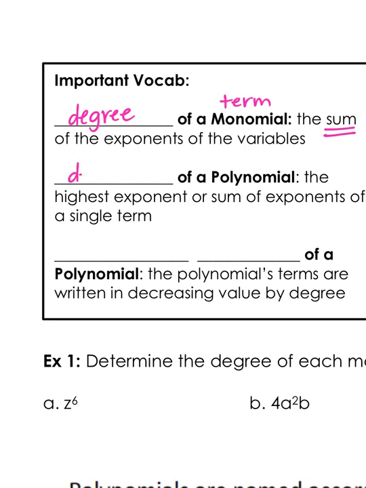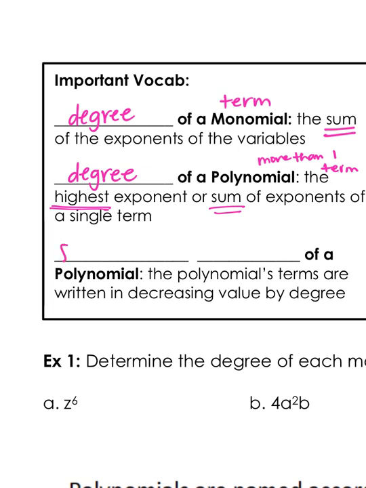Now for a polynomial with more than one term, because technically a monomial is a polynomial, it is the highest exponent or sum of exponents for a single term. So we'll kind of look at some examples of those.